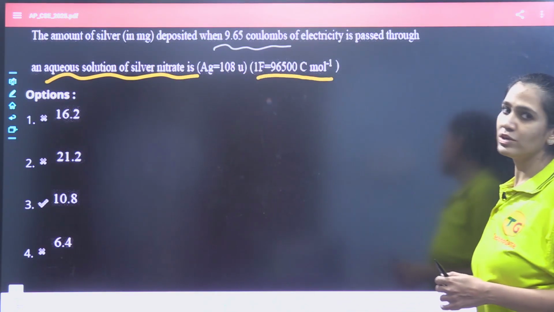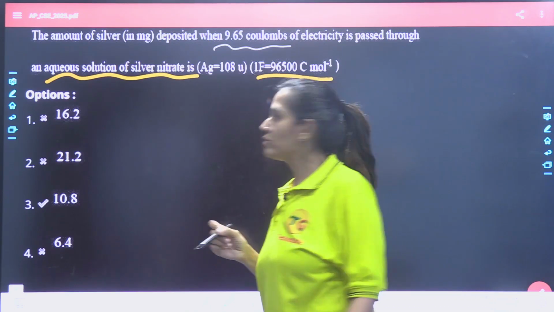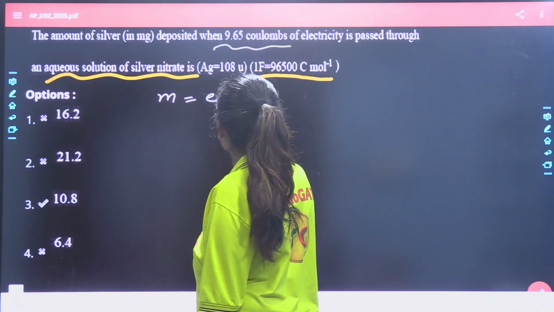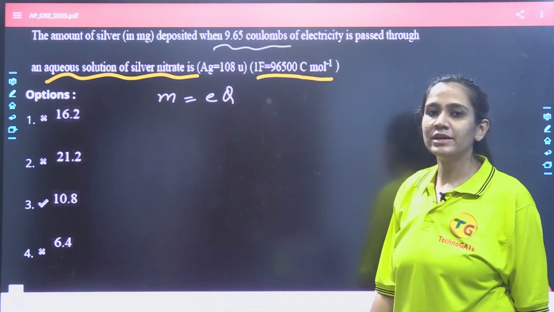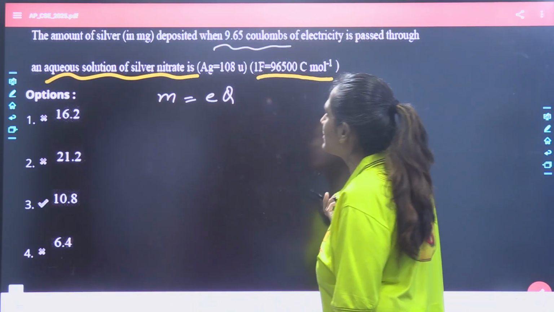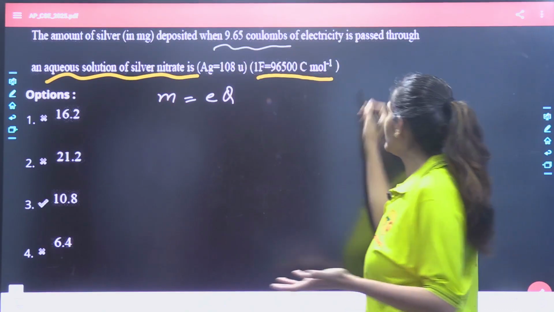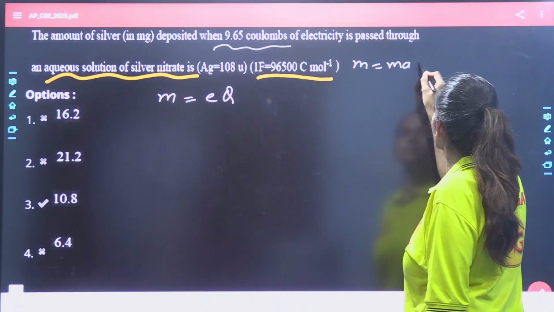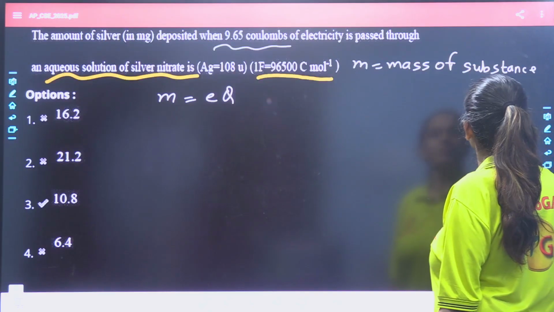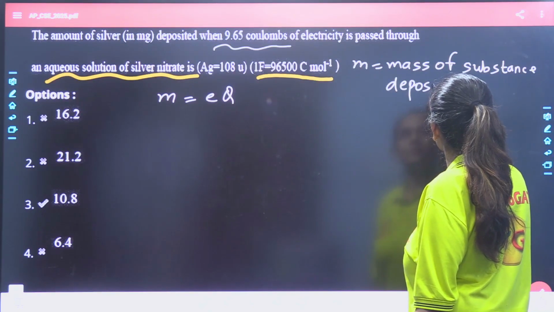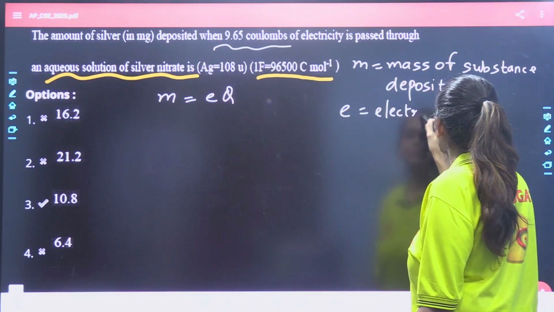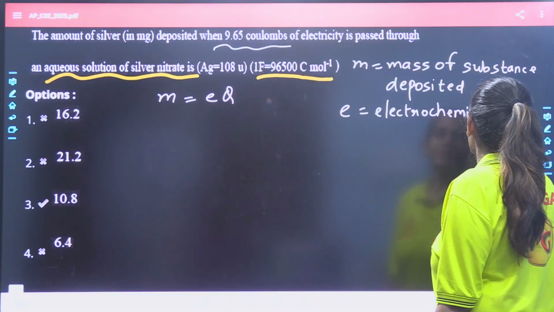By Faraday's first law of electrolysis, we know that M equals Z into Q. This is our formula, where M is the mass of the substance deposited, and Z is our electrochemical equivalent. But here we are not given it.